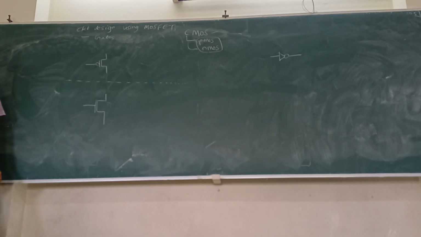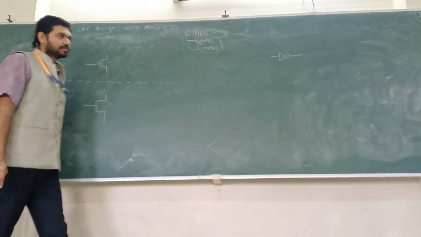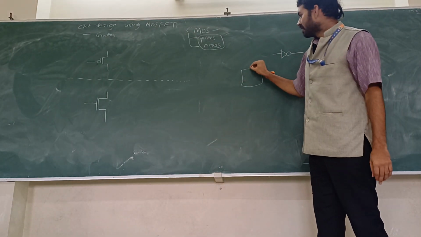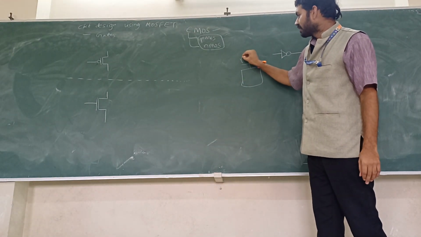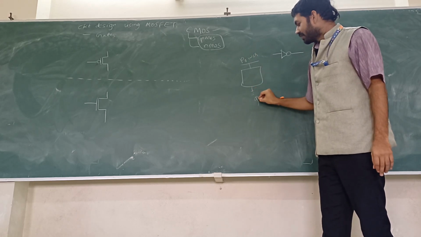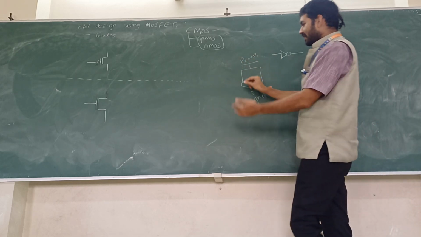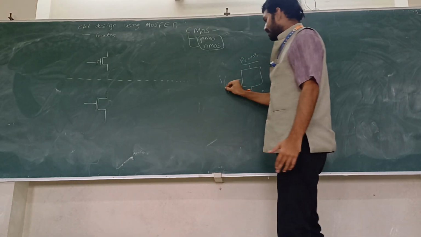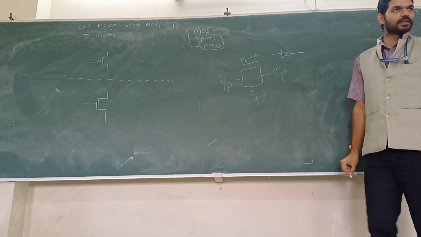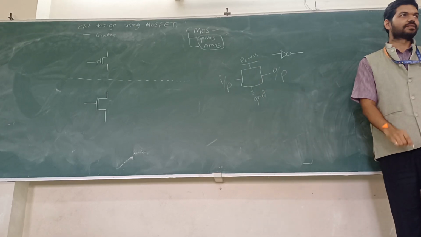Then, it is generally taken that in any system, at the top we give the power supply, and at the bottom we ground it. In general, the left hand side will be the input and the right hand side will be the output. In most cases, we see this convention.